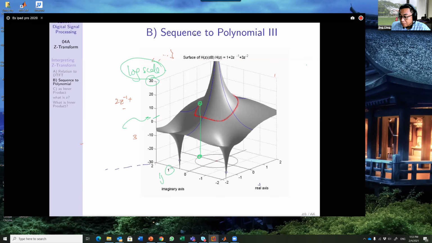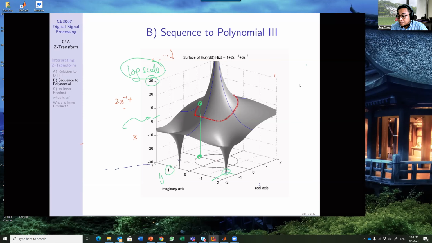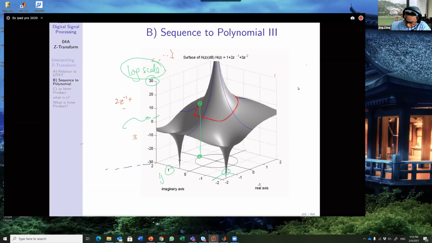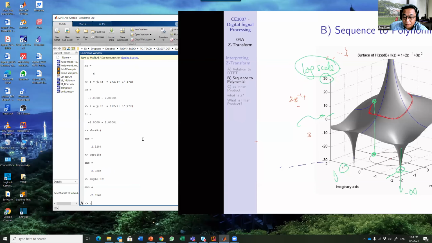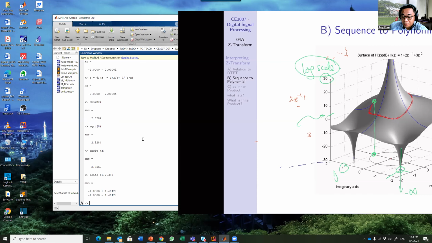Now, what else do I want to do? Maybe I should show you this value here. Notice that this surface goes down to negative infinity. Why negative infinity? The roots of 1, 2, 3 is this.